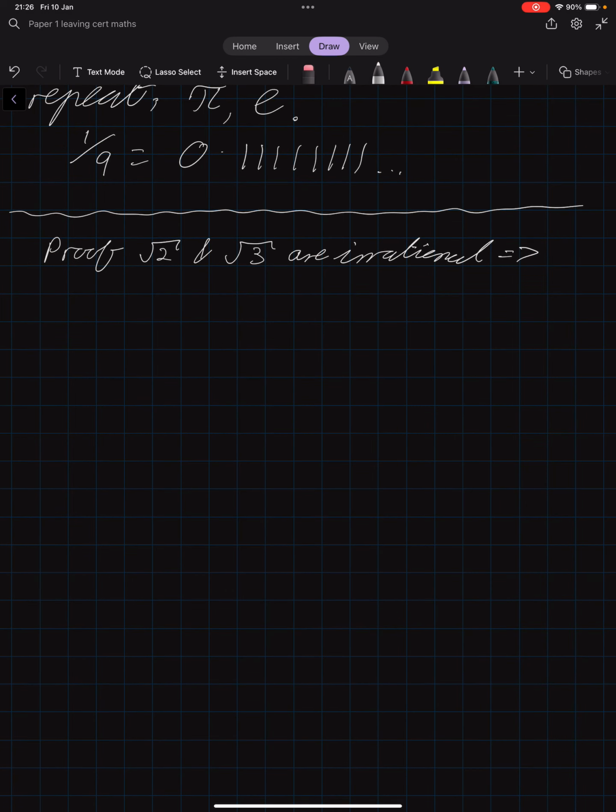So I'm doing a proof by contradiction. This is basically when you start off and you assume it's true, and then in assuming it's true, you end up with a contradiction, and therefore what you assume to start off with must be incorrect.